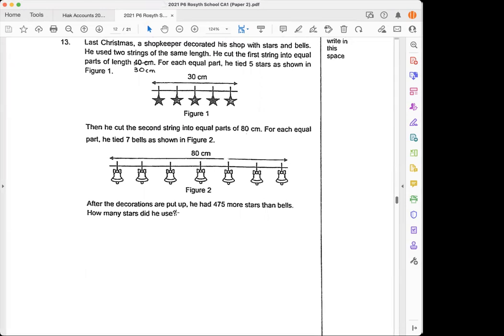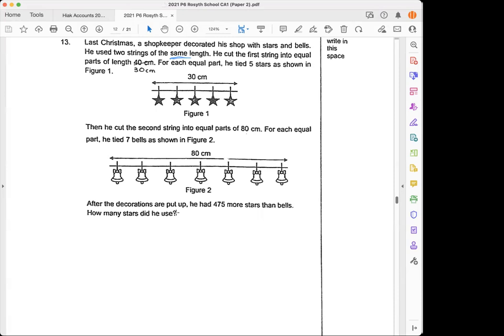He used 2 strings of the same length. This is a keyword, same length. He cut the first string into equal parts of length 30 centimeters. For each equal part, he tied 5 stars, as shown in figure 1. That's the first length of string.